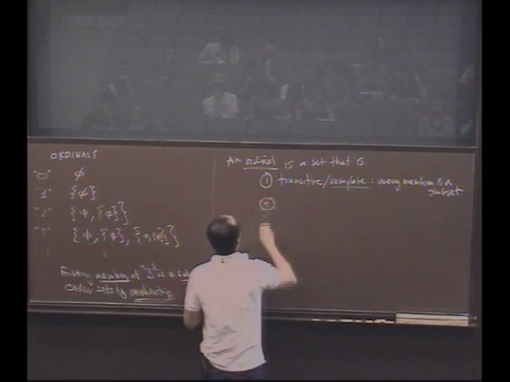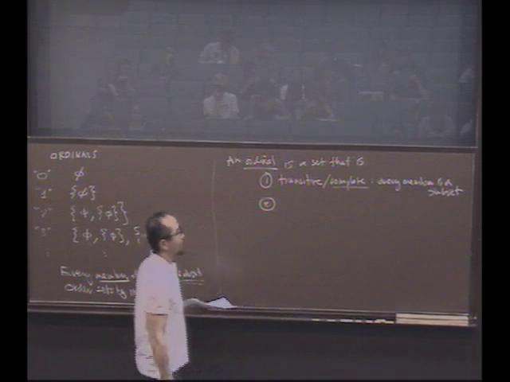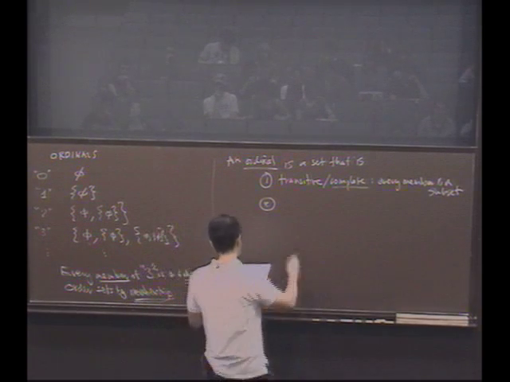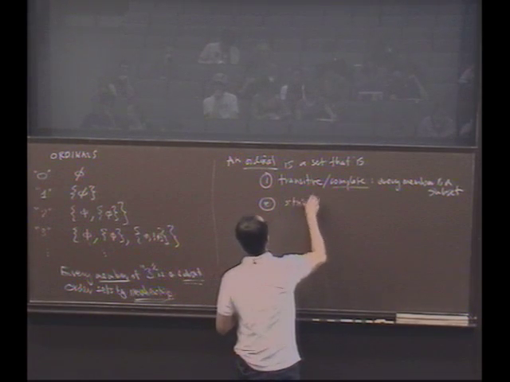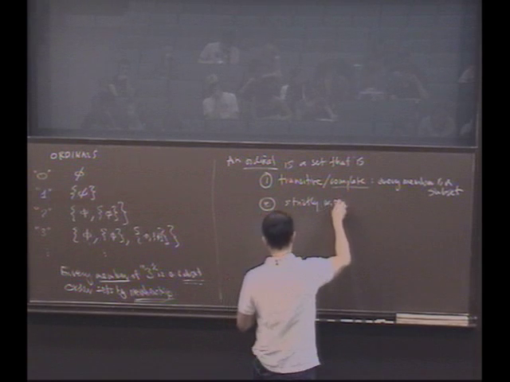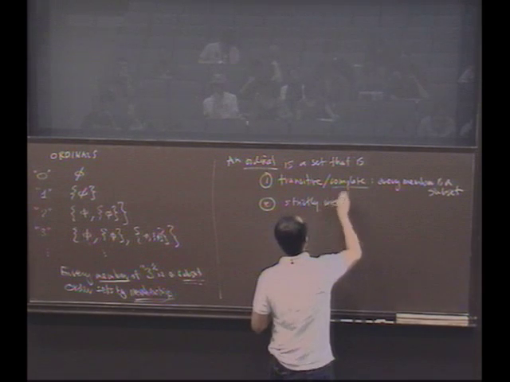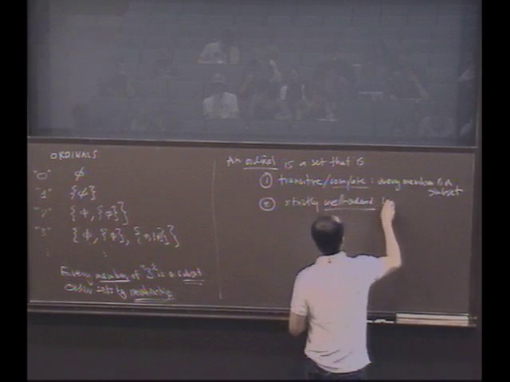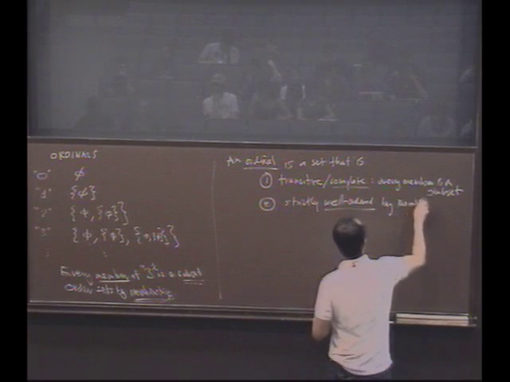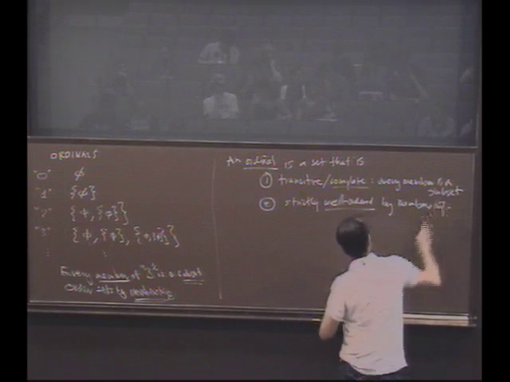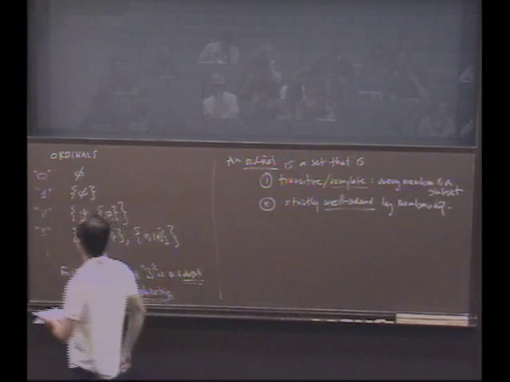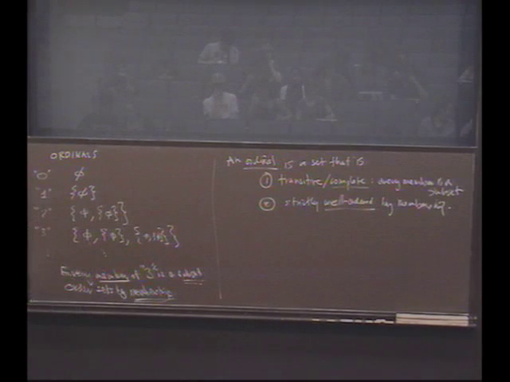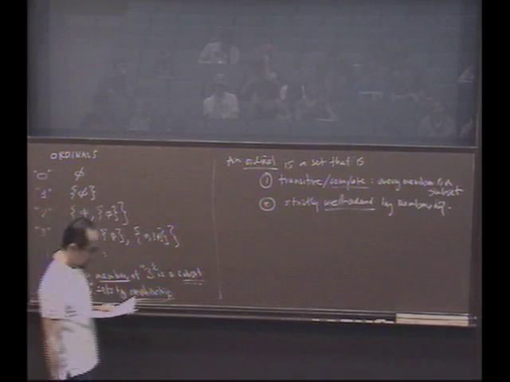Okay, and so an ordinal has a property that every member is a subset, and the second property is it's strictly well ordered by membership. Okay, so I can well order each of these sets by the things that are members.